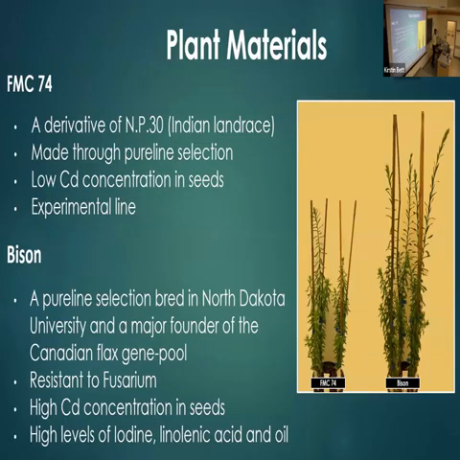Now here are the plant materials. We crossbred a derivative of MP30, an Indian landrace made through pure line selection, with low cadmium concentration in its seeds. It's an experimental line, FMC74, and the other parent is Bison, a major heirloom cultivar utilized for its fusarium resistance and iodine, but with high levels of cadmium concentration.